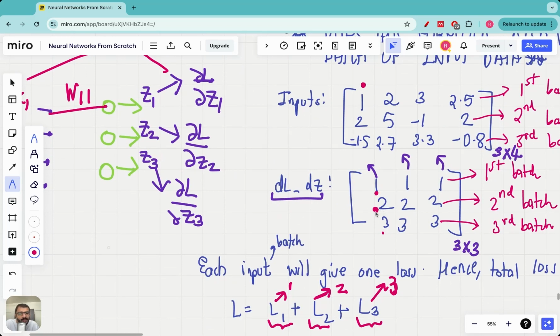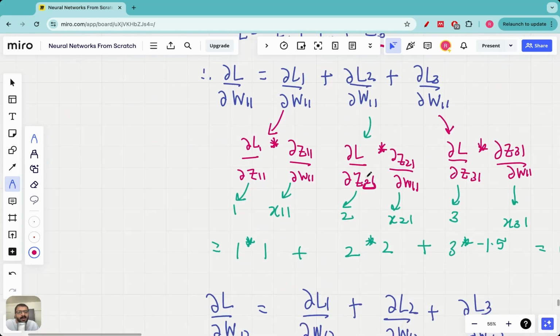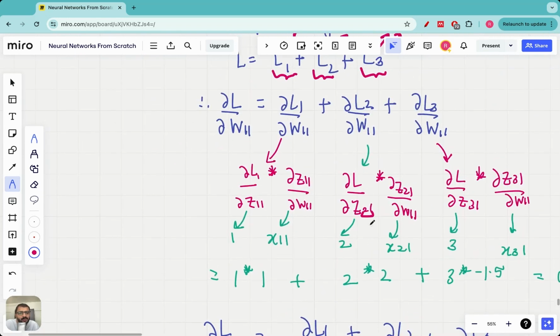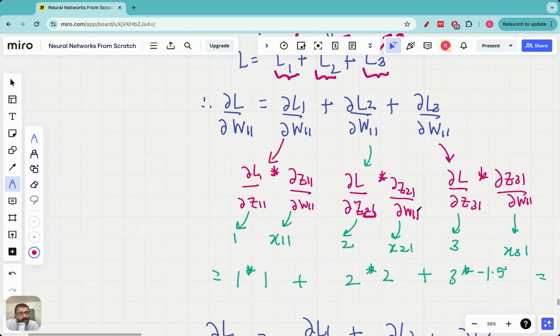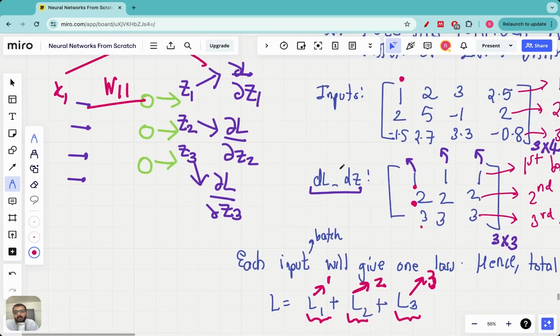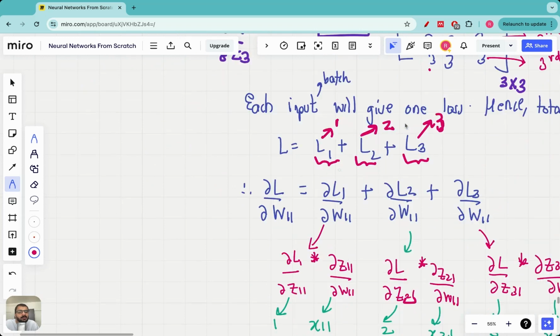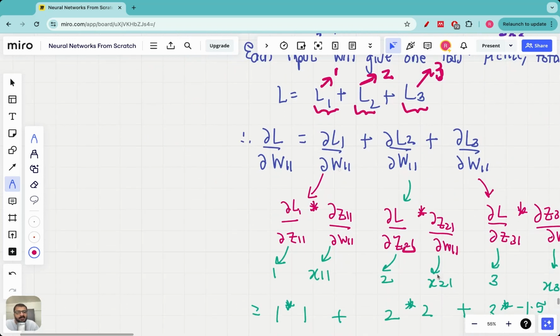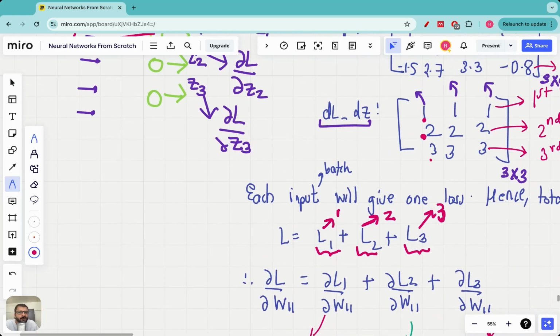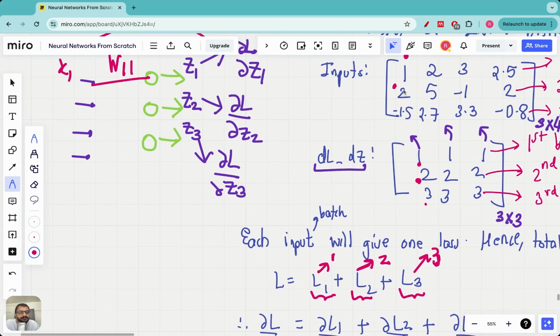So that's why we are looking at Z21. And then partial derivative of loss with respect to Z21 will be multiplied by partial derivative of Z21 with respect to W11. And that will be, remember, we are looking at the second batch and the first input. So that will be this. So that is also X21, which means the first column of the second row of X, which is this.